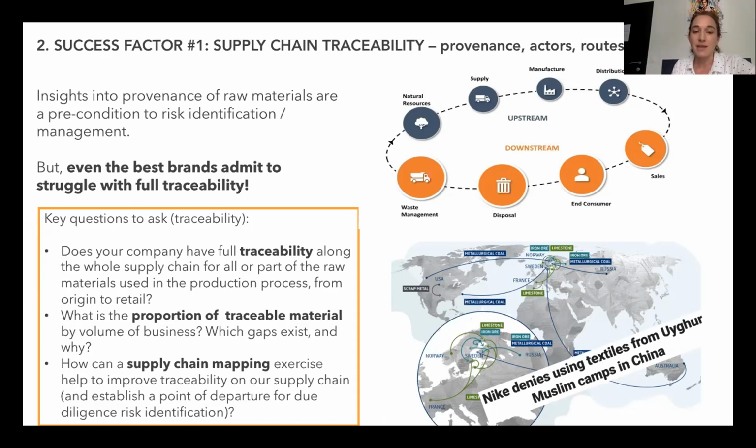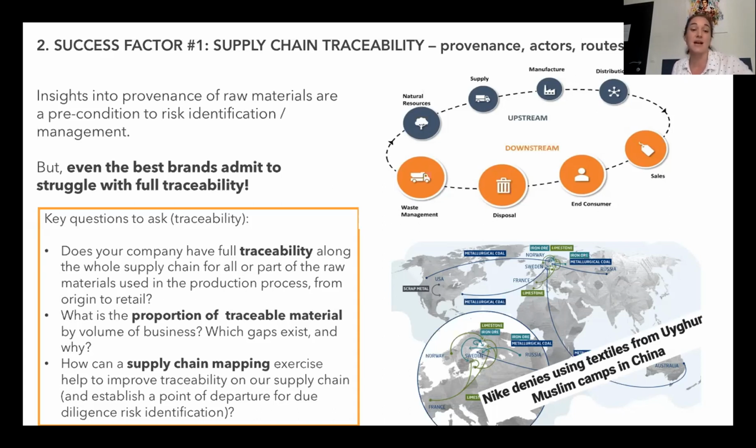So it can be the start of a due diligence process, but it's also an ongoing effort to be made. And you see on the bottom the complexity of a large number of suppliers. Some of our clients have even up to 200, 500 or 1,000 different suppliers. And obviously there are existing supplier management tools that can be quite useful. But at the same time, doing a traceability effort comes down to a supply chain mapping exercise, which may be quite a hands-on exercise.